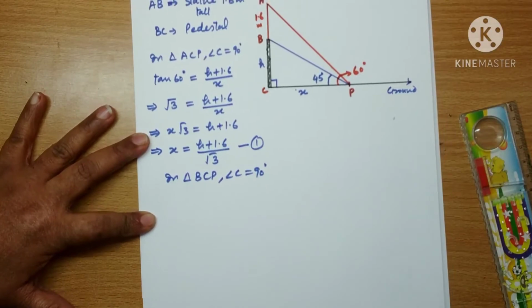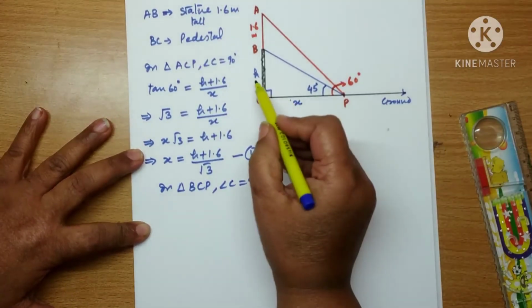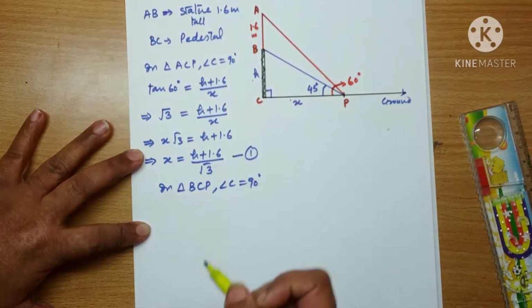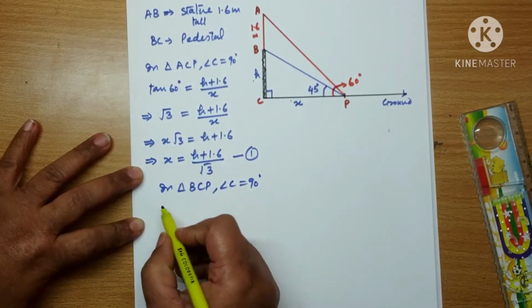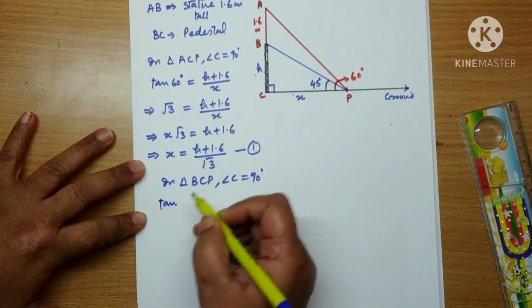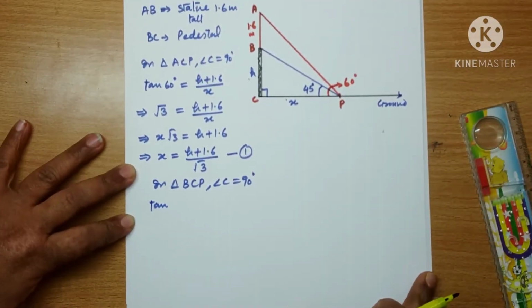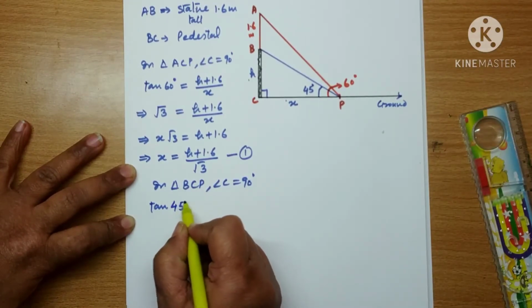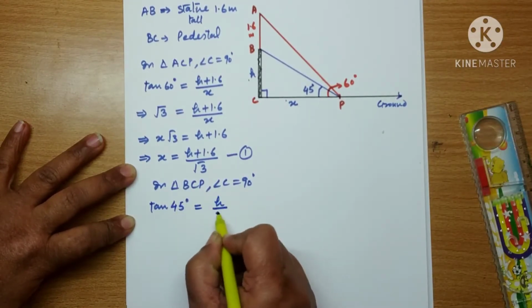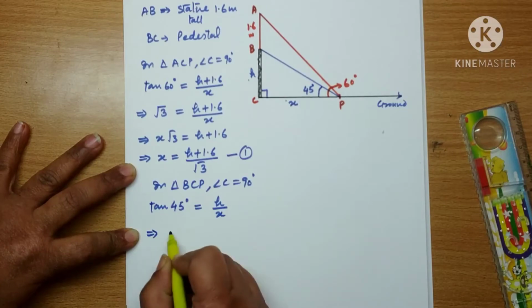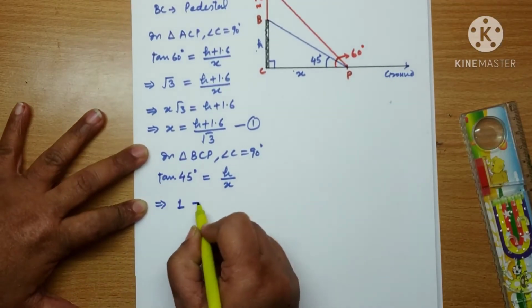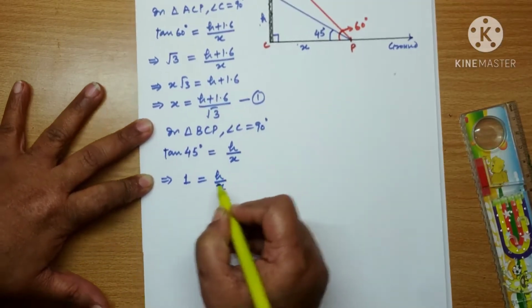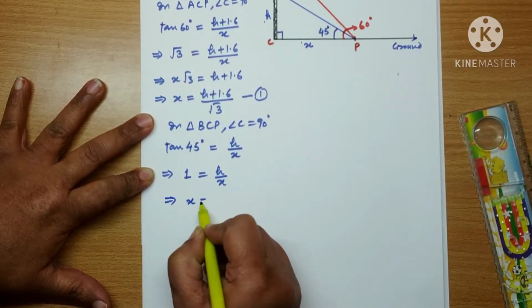Now in triangle BCP, angle C is 90. So now applying the T ratio again. Which T ratio? We are finding the relation between perpendicular and base. So again the T ratio tangent will come into the picture and angle theta is 45 here. So tangent 45 is h upon x. We know the value of tangent 45, that's 1. So h upon x is 1. So I got, children, x is equal to h.